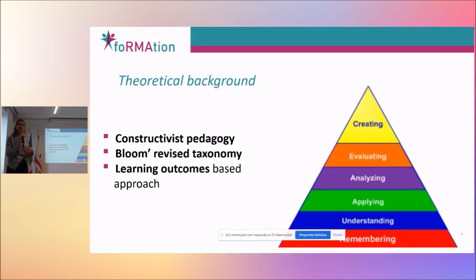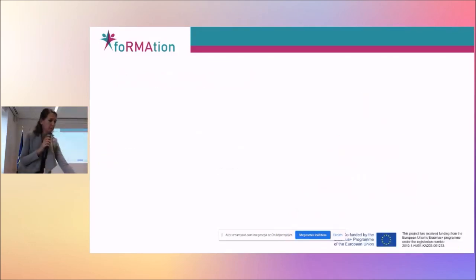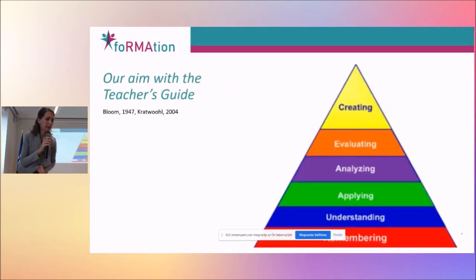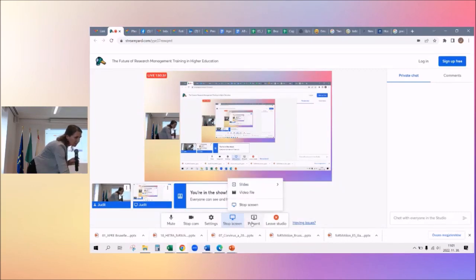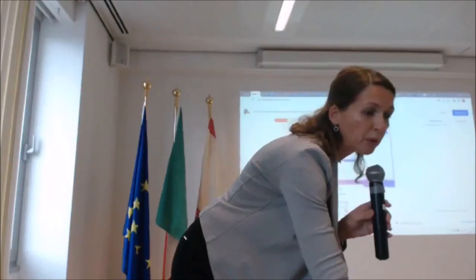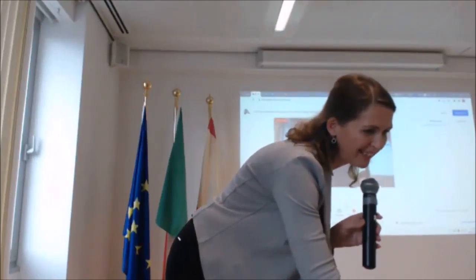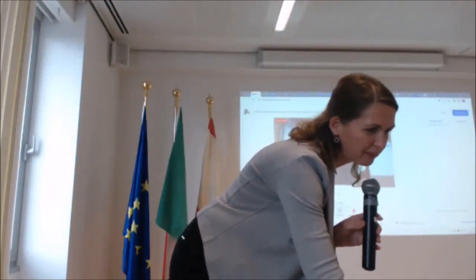Because during this development process, our aim was not only to reach the first two levels, understanding and remembering the content, because usually in traditional education, teachers are very happy if their students can just understand or remember the content.